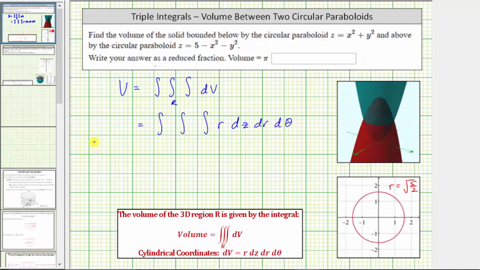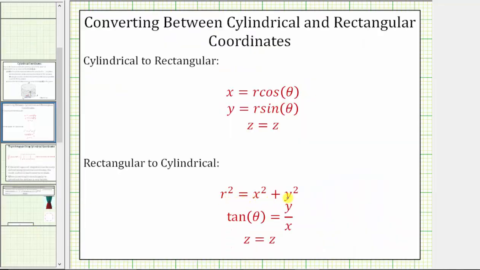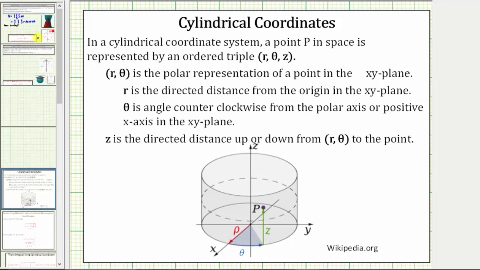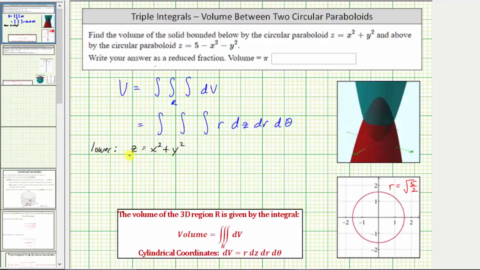For the lower limit of integration, we know the paraboloid opening up is z equals x squared plus y squared. We need to express z in terms of r and theta. And remember, when using cylindrical coordinates, r squared is equal to x squared plus y squared. And if you need a review on cylindrical coordinates, you may want to pause the video here and review these notes. But because we know r squared is equal to x squared plus y squared, we can write this equation as z equals r squared, which gives us the lower limit of integration.